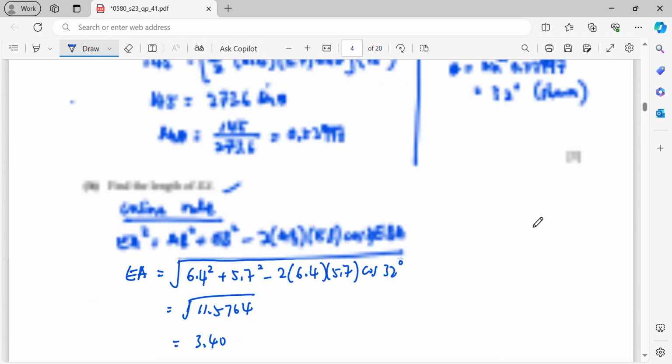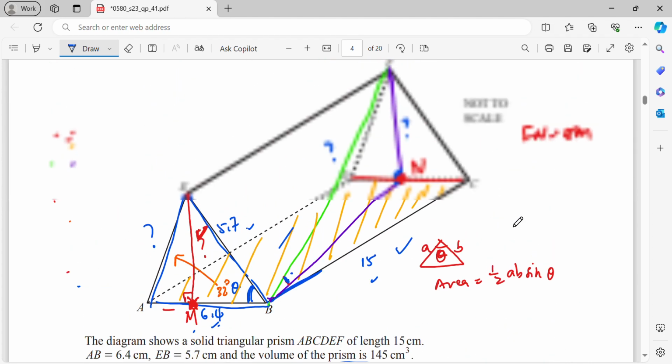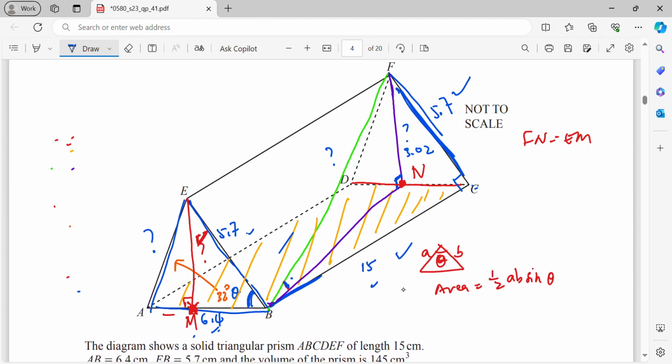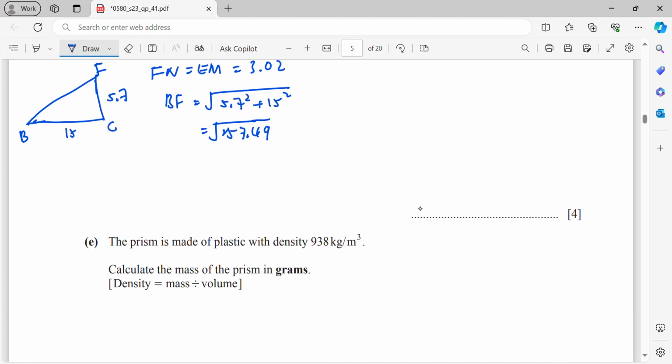Now you need to calculate this angle, FBN. FBN here is 90 degrees at N, therefore it will be FN over FB. This is my B, this is my F, and here is my N. I need to find out this angle.